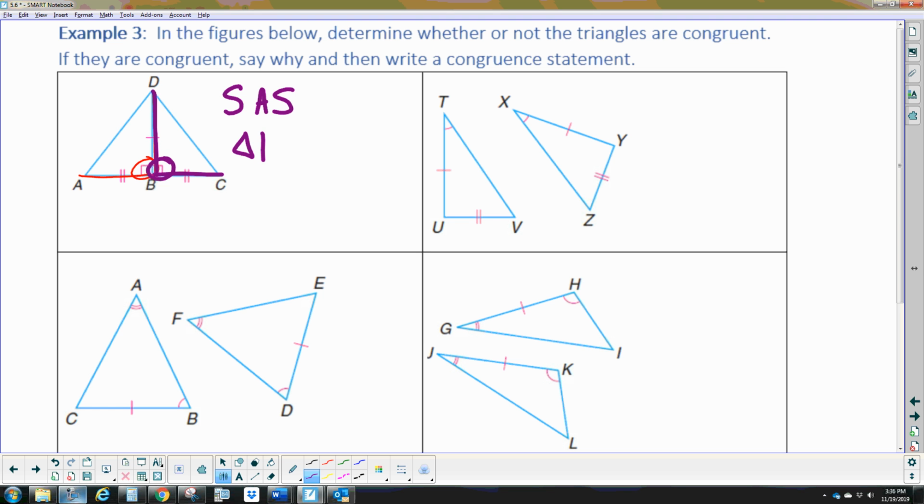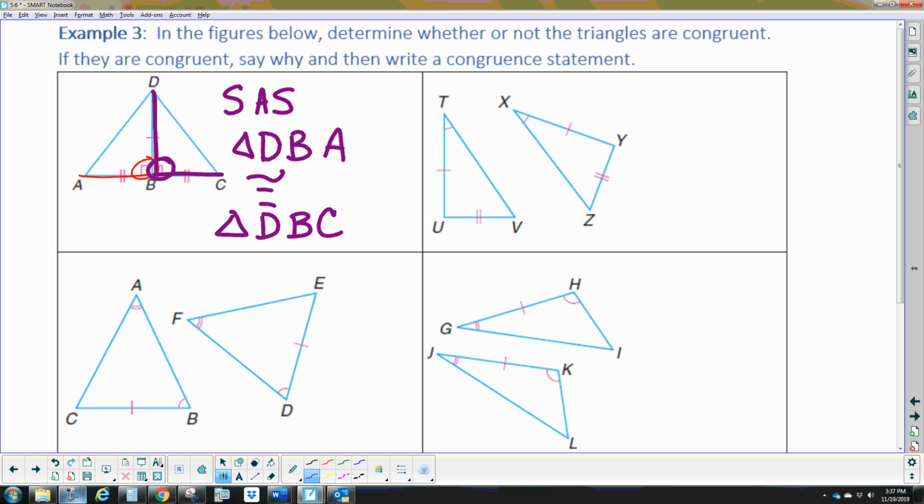So I can say triangle DBA is congruent to triangle DBC. And I can go through my statement and make sure that B and B match up, that AB and CB match up, and that DB and DB match up. DB is a shared side, so it's congruent to itself.